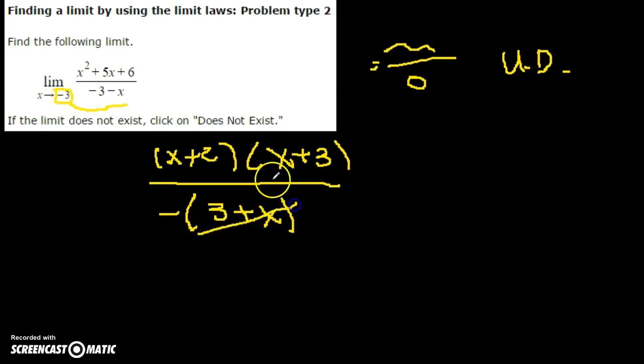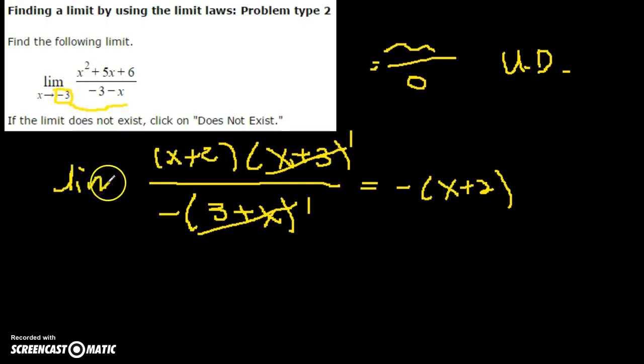And 3 plus x and x plus 3 are the same, so cut them out. That gives me negative x plus 2. Now I can substitute, but don't forget the limit in front, x approaching -3.